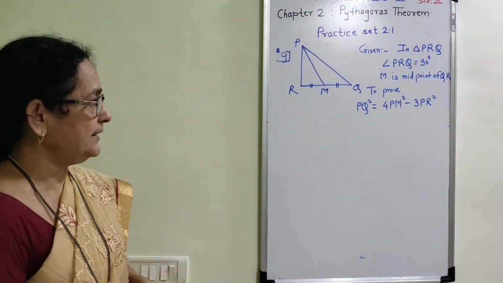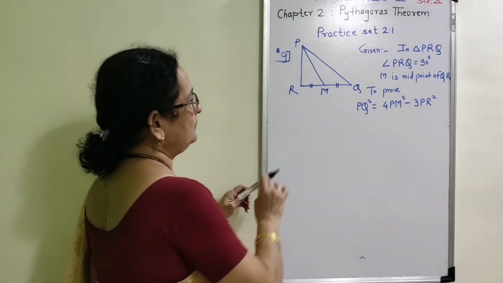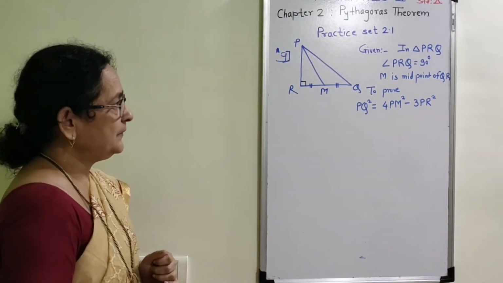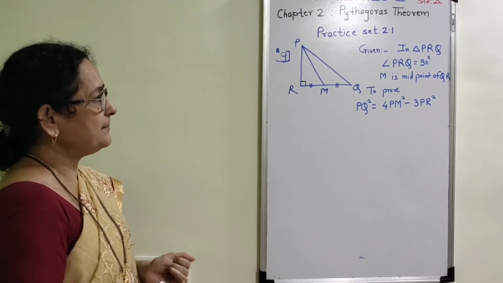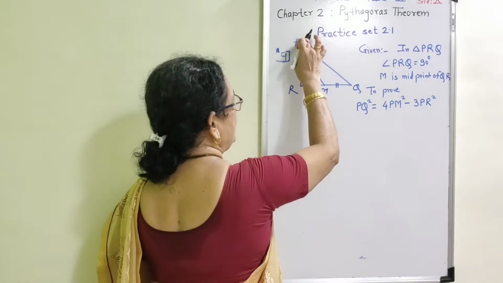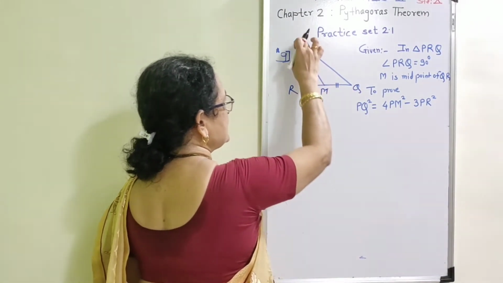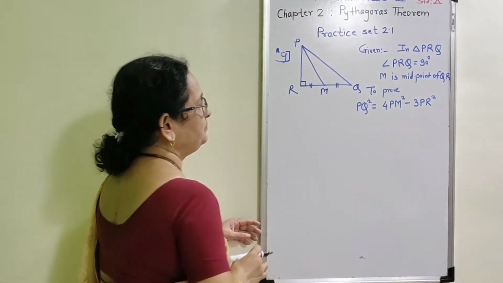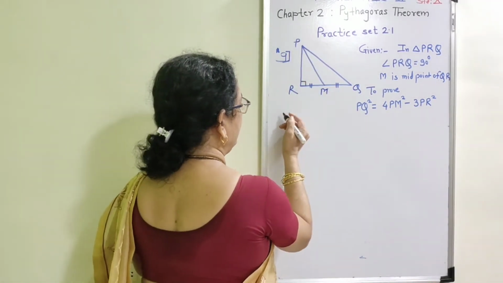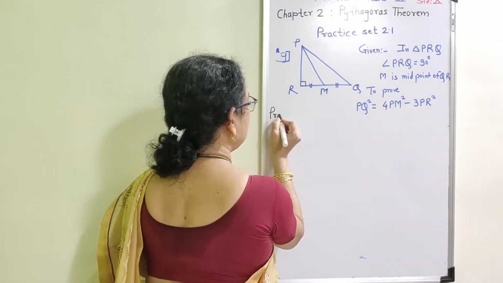Now let us complete the example. Here angle R is given as 90 degree. Now I can apply Pythagoras theorem for two triangles, that is bigger triangle PRQ as well as smaller triangle PRM. First of all I can apply it for the smaller triangle. Now proof.